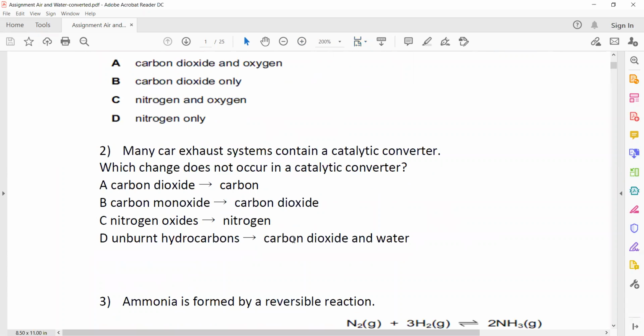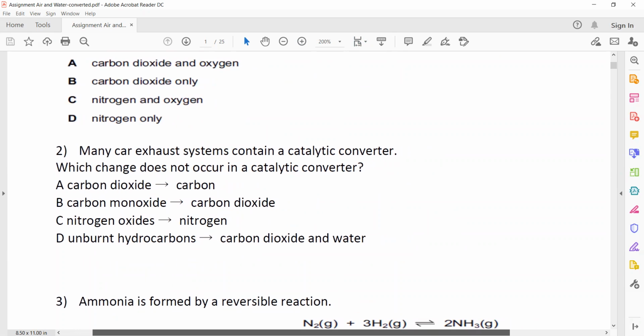Question 2. What change does not occur in a catalytic converter?